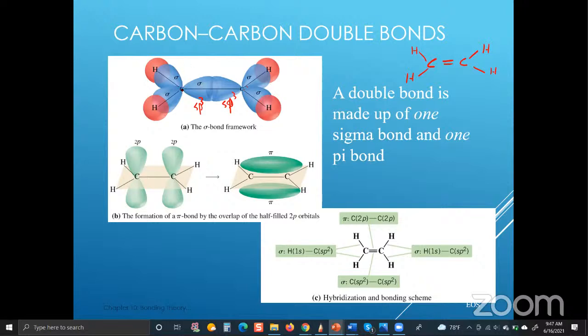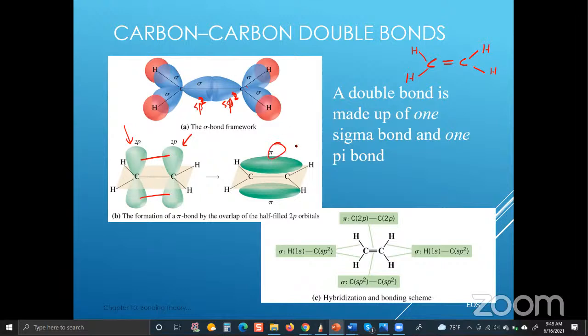Now remember, I'm sorry, I misspoke. This is not sp3, this is sp2. The carbons are sp2 hybridized, my bad. The reason why I picked up on that is because there's a vacant, or I should say unaffected, p orbital present on each carbon as well. So what's going to happen is that you're going to have the sideways overlap of these p orbitals here and here, and that will result in the pi bond that we're talking about.